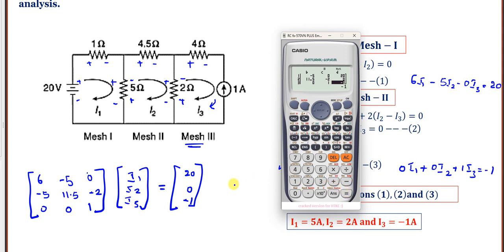If you click equals, it will give x. X you should get 5, y you should get 2, z you should get minus 1. We got the same answer.